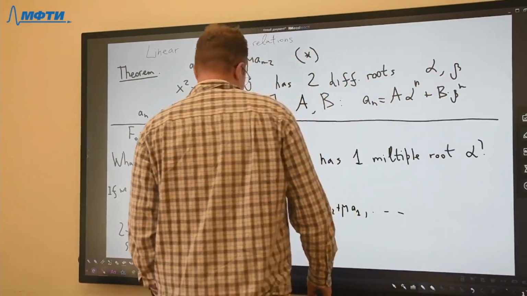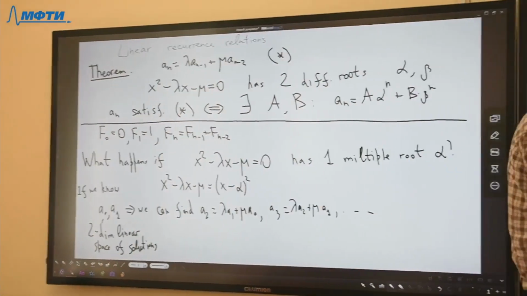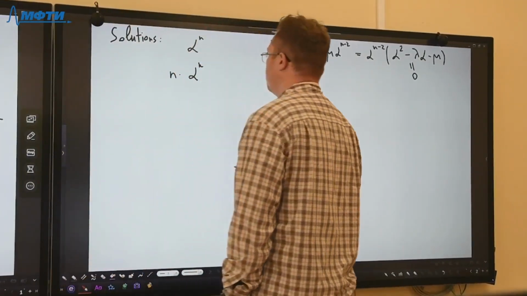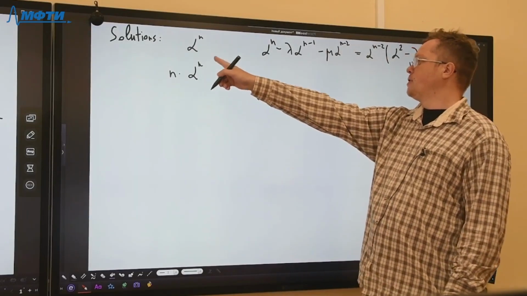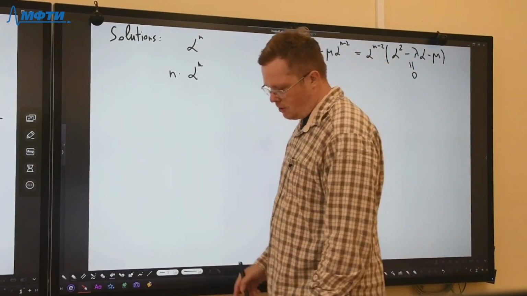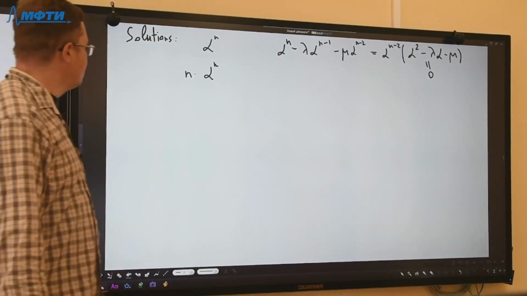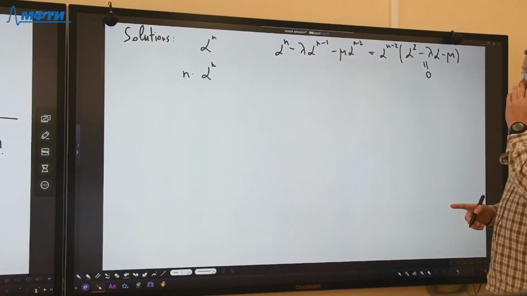Then you can understand that the solutions will also have the form n times alpha to the nth power. If we differentiate this function with respect to the parameter alpha, then we have something like n times alpha to the nth power.